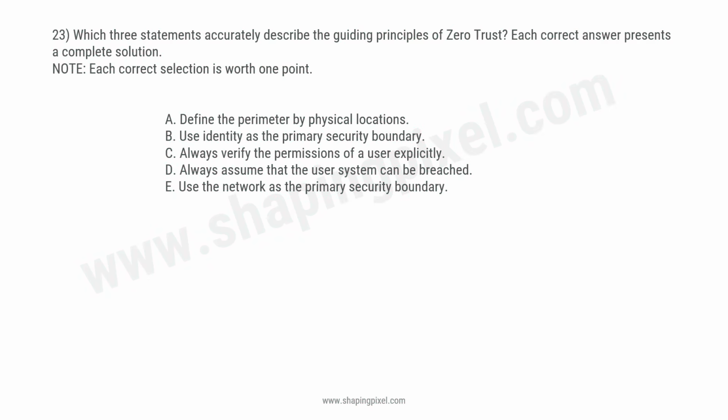Option C, always verify the permissions of a user explicitly. Option D, always assume that the user system can be breached. And option E, use the network as the primary security boundary. So the right answer is options B, C, and D.